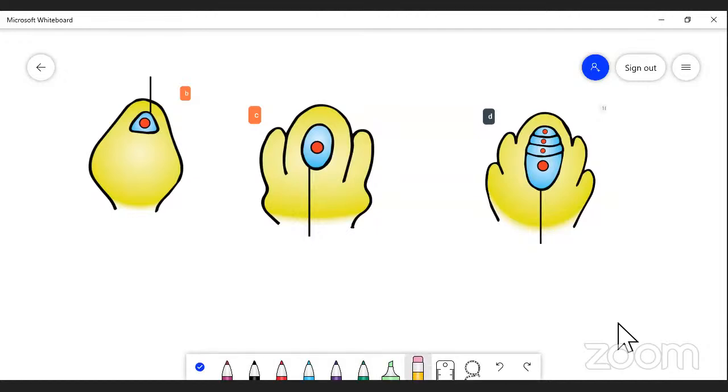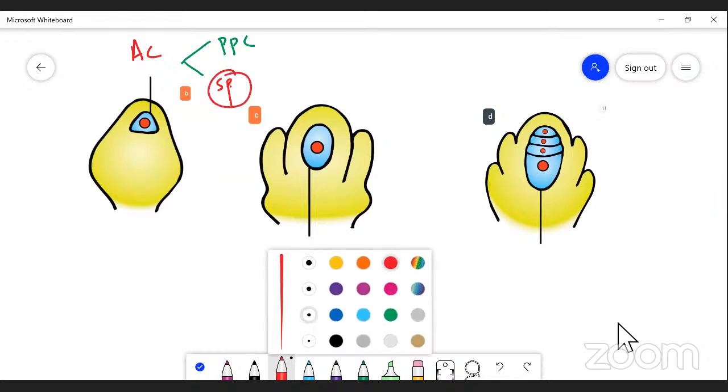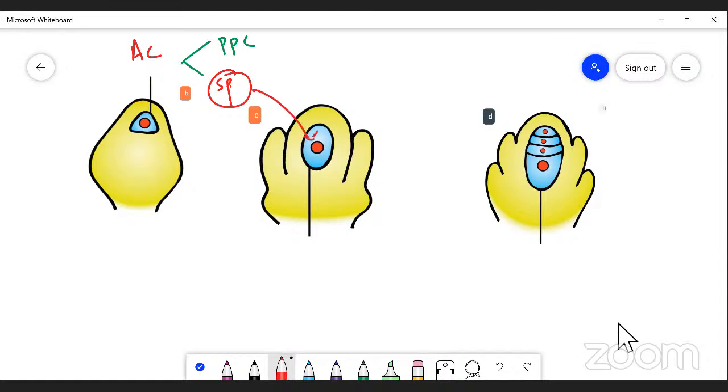As I said, this is an archisporial cell or AC that gives rise to two types of cells. One is a primary parietal cell, PPC, and the second one is SP, the sporogenous cell. Sometimes the last generation of sporogenous cells may directly function as megaspore mother cell. This sporogenous tissue is derived from the archisporial cell.